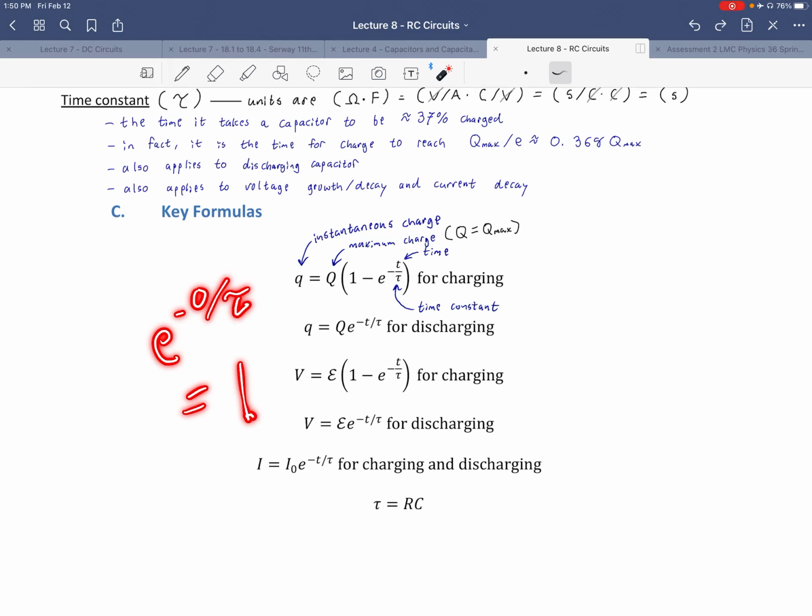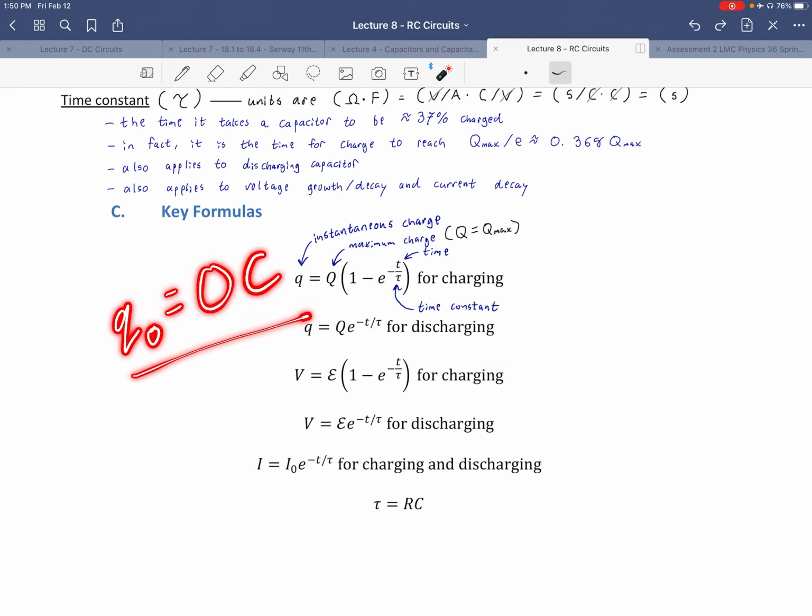It's still 0. And so that means that inside the parentheses we'd have 1 minus 1, which is 0, which means that the instantaneous charge at time 0, when you start the clock, is equal to maximum charge multiplied by 0, which is to say that Q at the beginning is just 0 coulombs. There is no charge at the beginning because you haven't started charging the capacitor yet. So of course that makes sense.